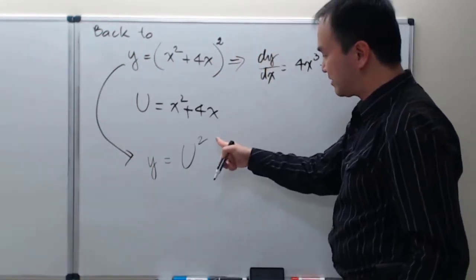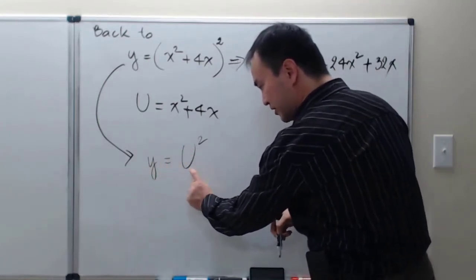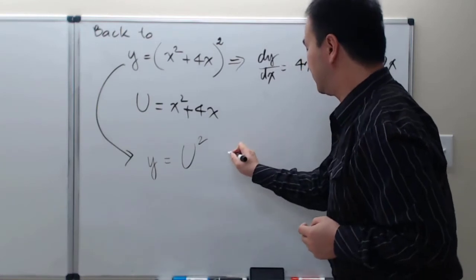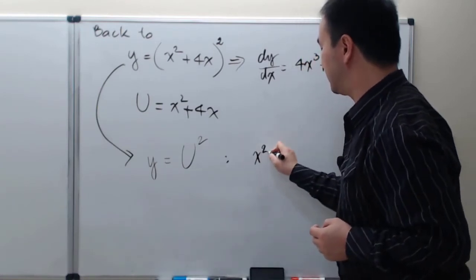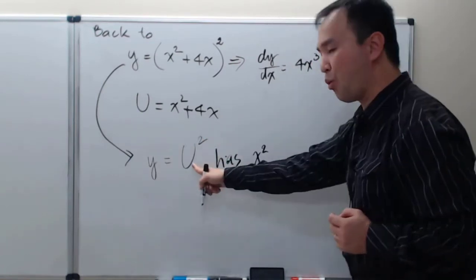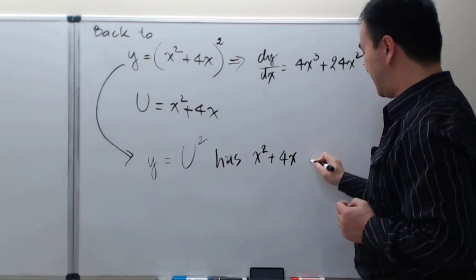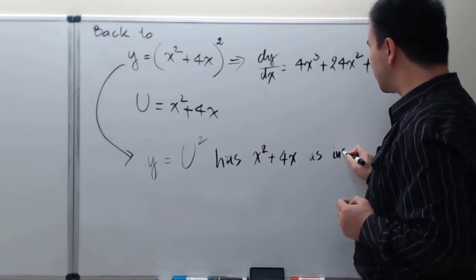But this is how I'm saying that the equation y equals U squared already has the expression x squared plus 4x as the inside.